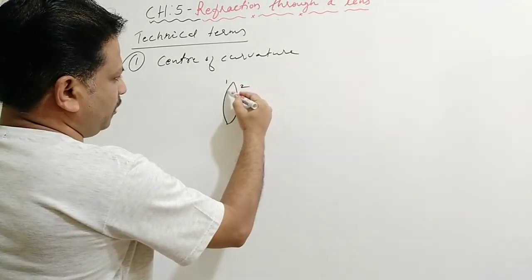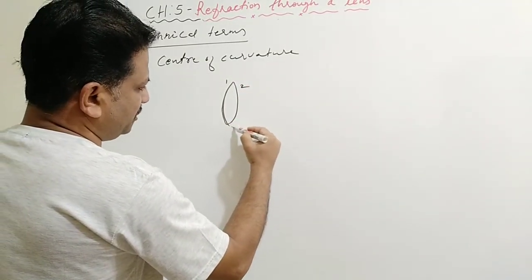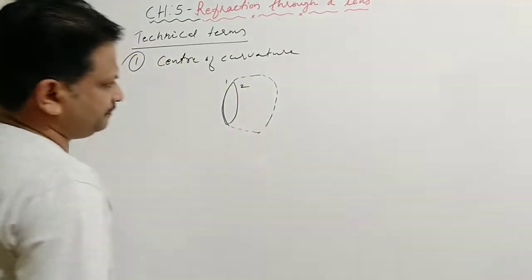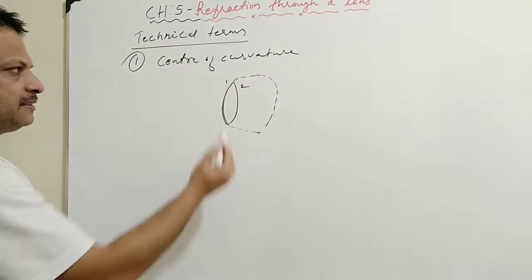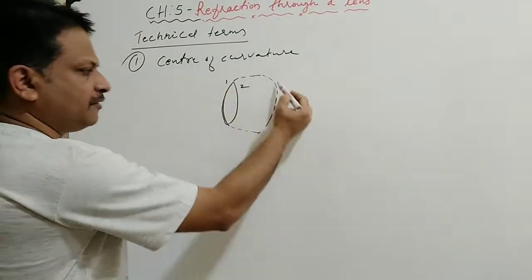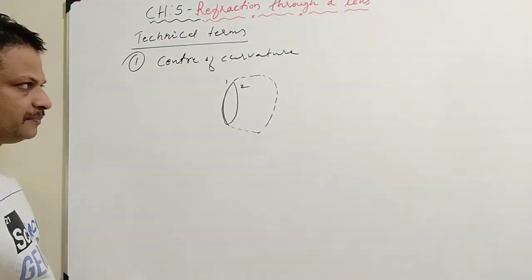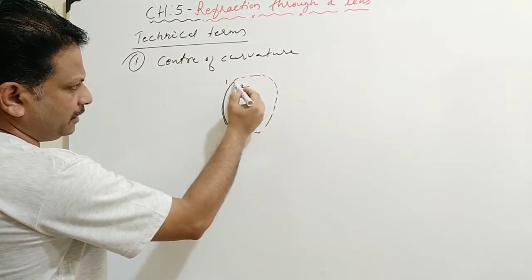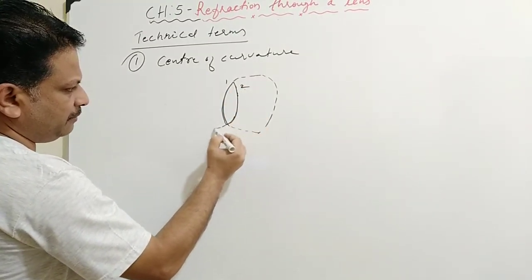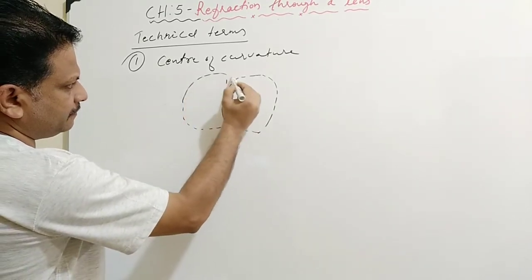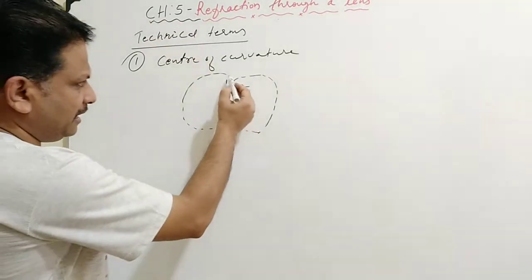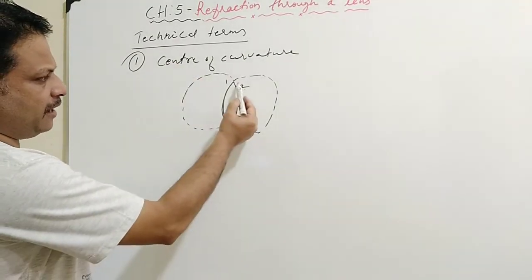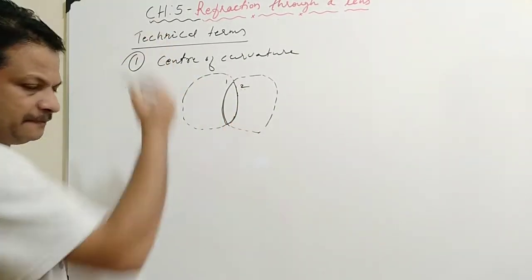Curved surface 1 is a part of an imaginary sphere, or I can say this curved surface 1 is carved out of this imaginary sphere. And spherical surface 2 again is a part of an imaginary sphere. Clear? Or I can say this spherical surface 2 is carved out of this imaginary sphere.